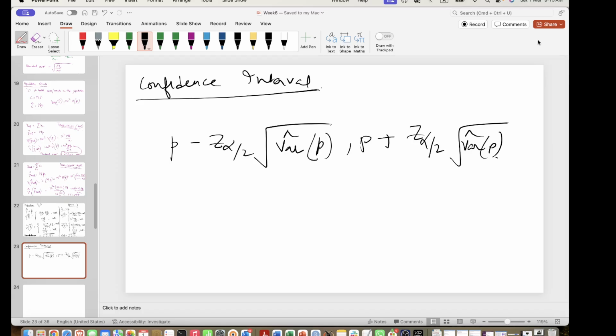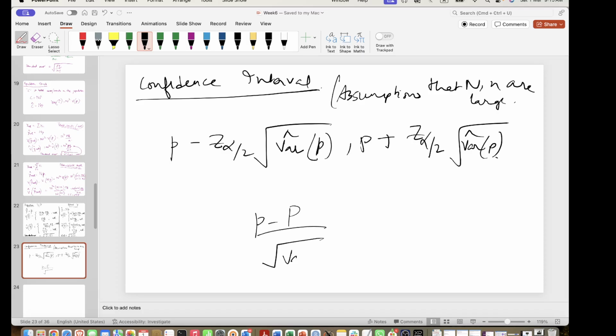Now this is under the assumption that n and N are large, and then we assume p minus capital P by root over variance of p follows a normal 0, 1.